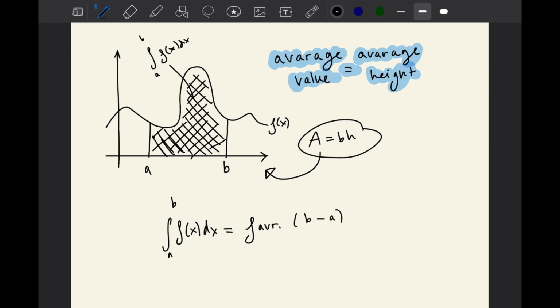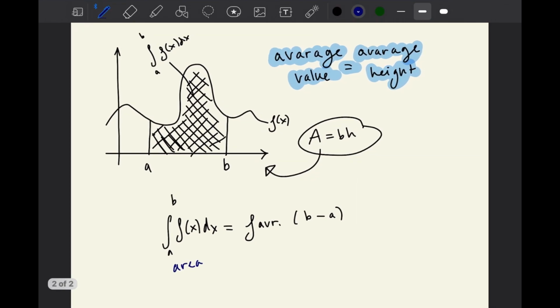The base is just going to be b minus a in this case. This is our area, this is our height, and this is our base. It's just this simple little formula, but in another way.